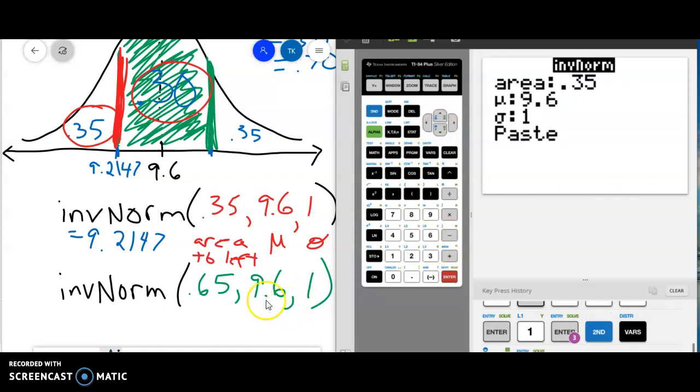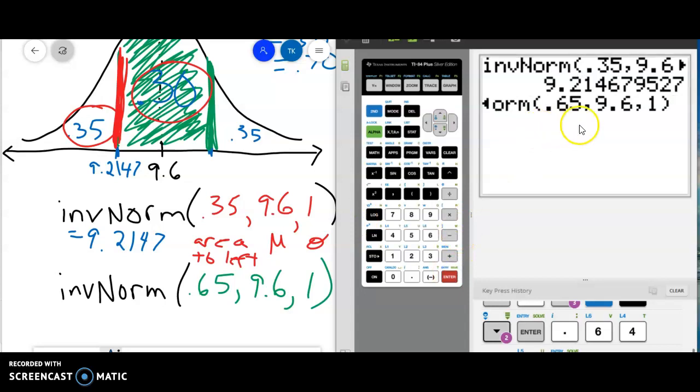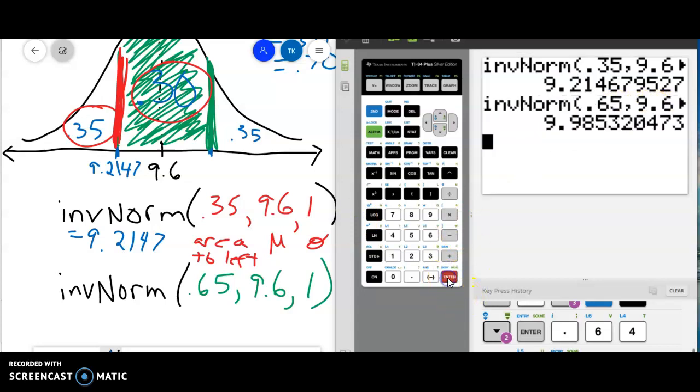Most of this is going to be the same as before, it's just that now we have 0.65 because that's the area to the left of that number. 9.6 is still the mu, 1 is still the sigma. So 0.65, 9.6, 1. And again, round to 4 decimal places, and I'm getting 9.9853.